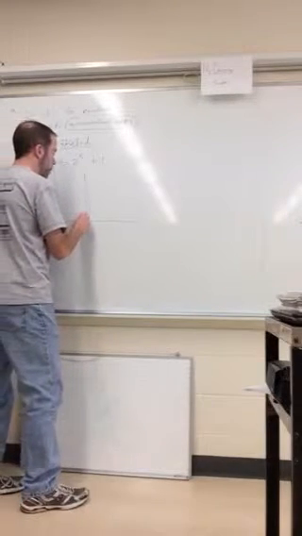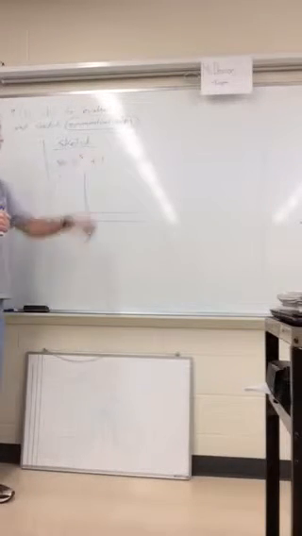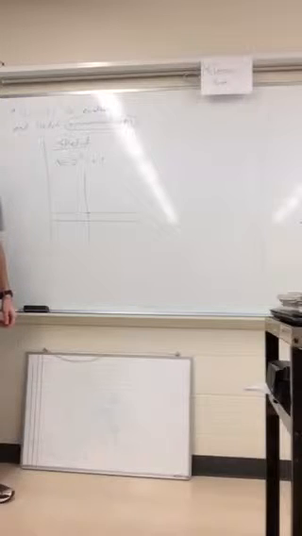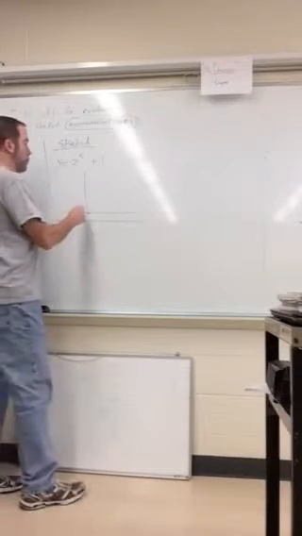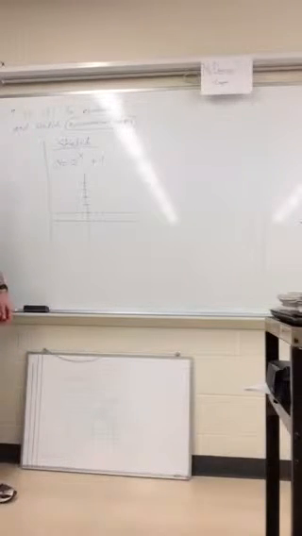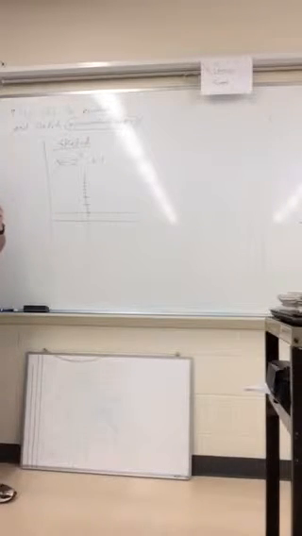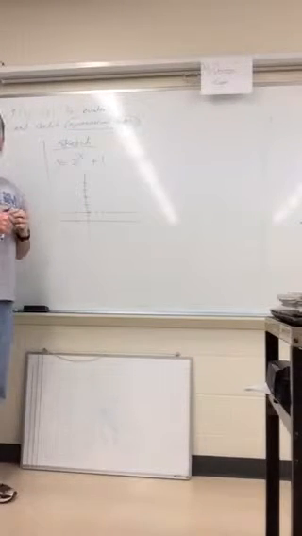The new asymptote is right here. So, we know that our parent function has a y-intercept of 1, which is really just 1 above the asymptote.